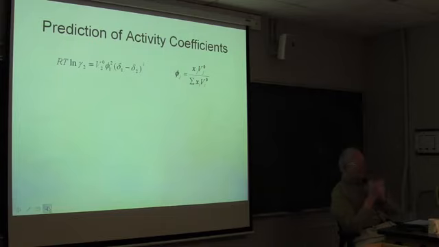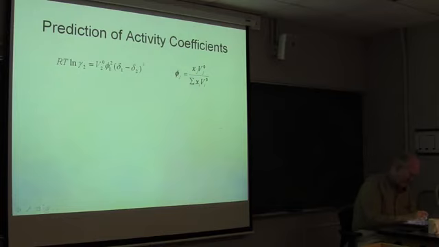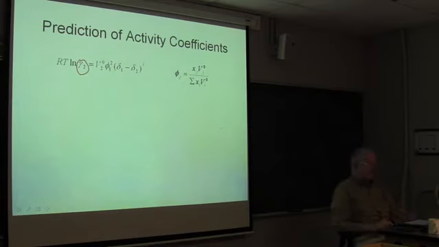Okay, so what? What good is it? Well, it turns out that the basic theory tells us that we can predict activity coefficients. So here's the activity of compound 2 in a mixture of 1 and 2. That's the activity coefficient. So RT ln gamma 2 is actually the free energy of putting 2 into solution in 1.